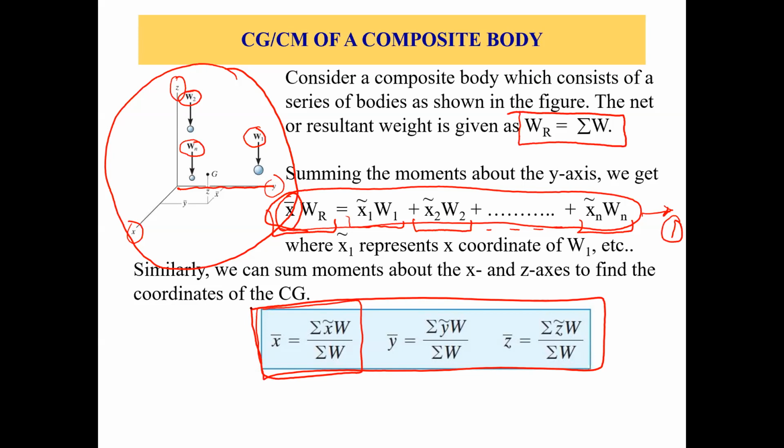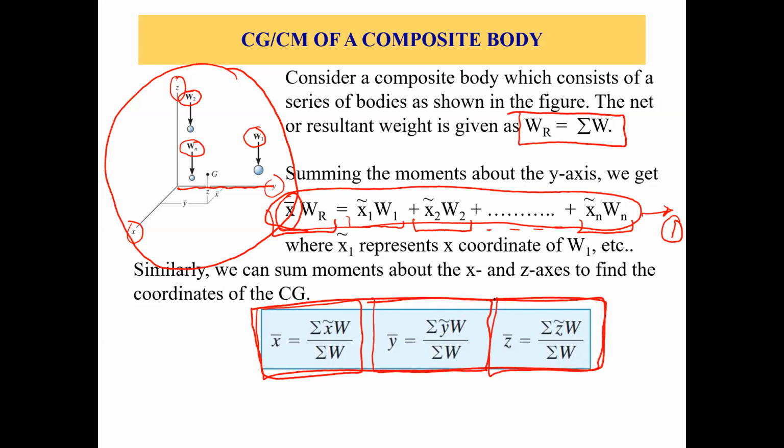WR. Okay. So in this way, we can get the x coordinate of the centroid or the center of gravity of the whole composite body. Similarly, we can get an equation for y bar and for z bar.